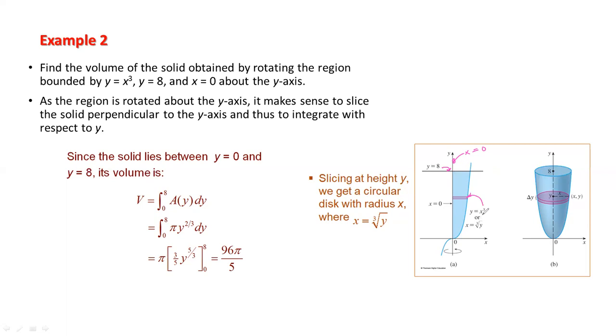Or we can say here that x is equal to the cube root of y, if you express x as a function of y. So find the volume of the solid obtained by rotating the region bounded by these geometric figures about the y-axis.